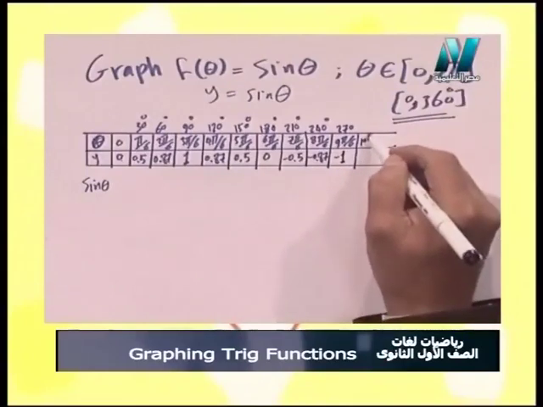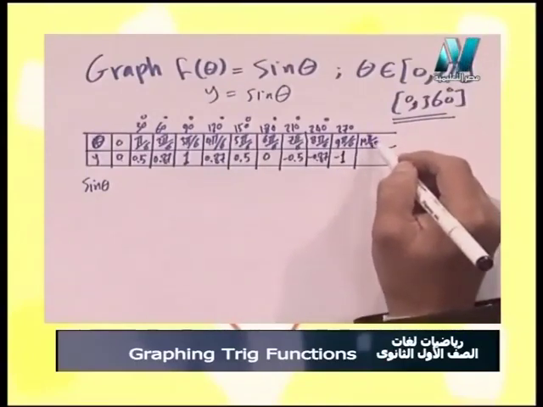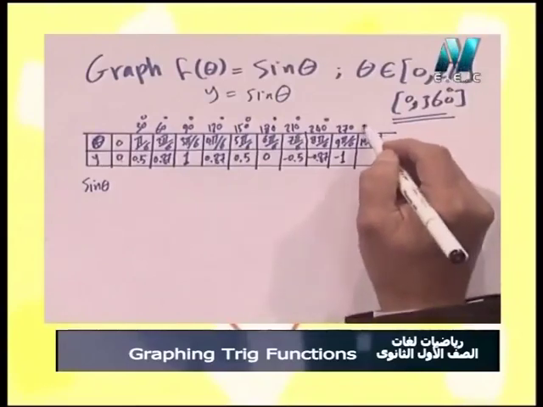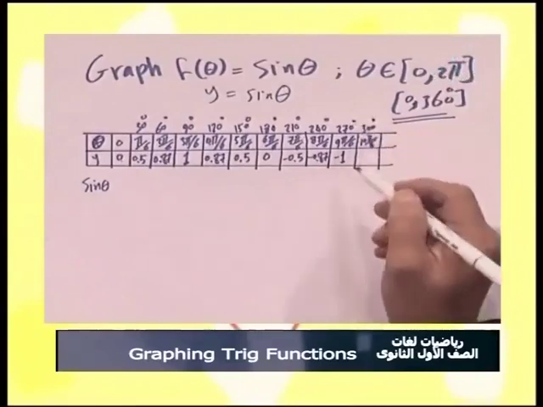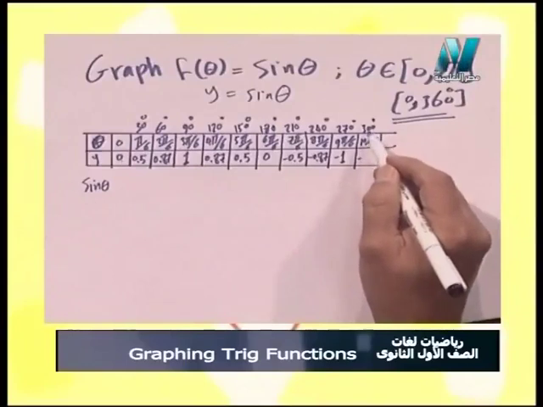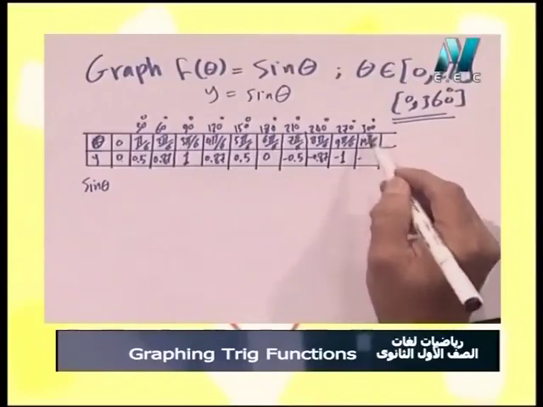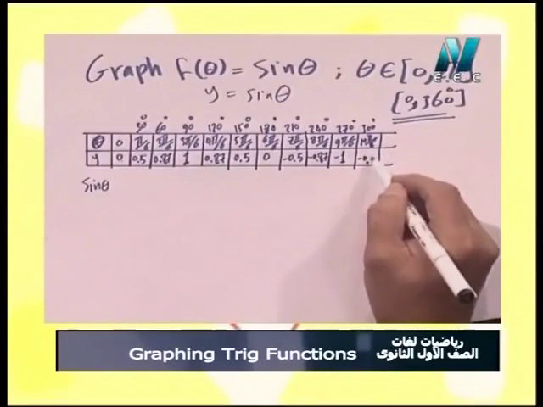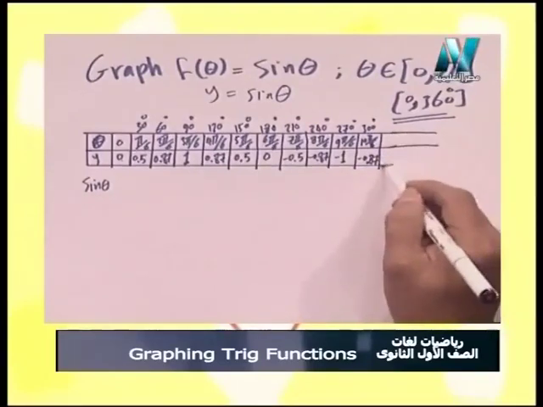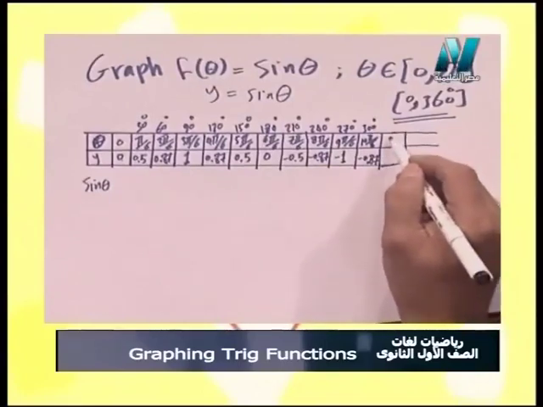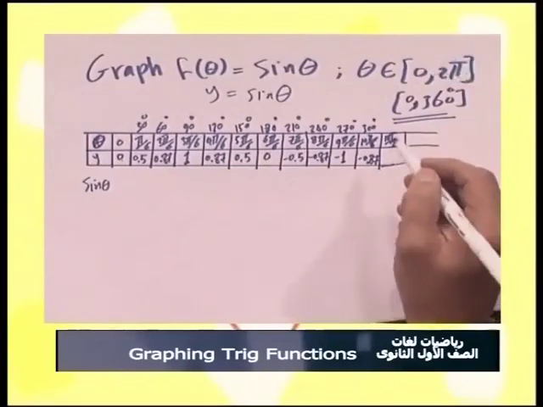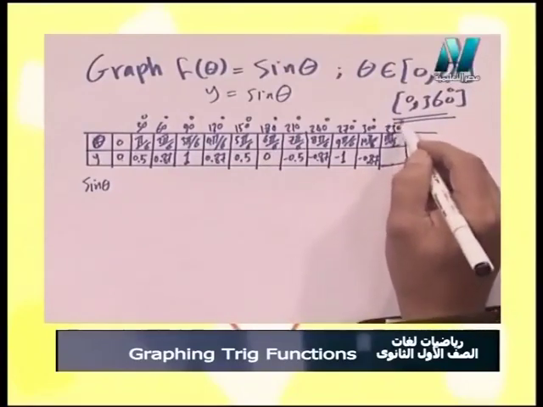10 pi over 6 will be 300 degrees. Sine 300 in your calculator will be negative 0.87. And if we complete, 11 pi over 6 will be 330 degrees.